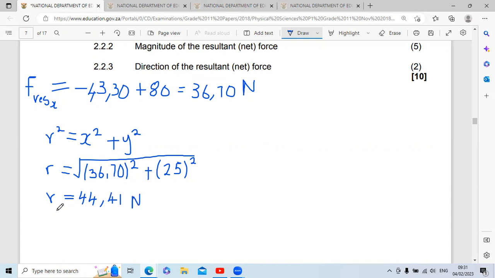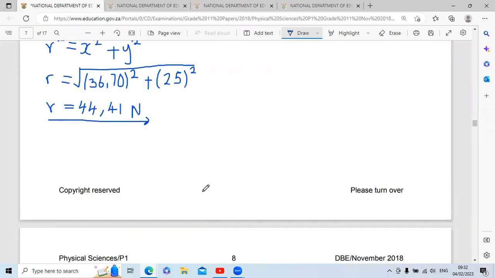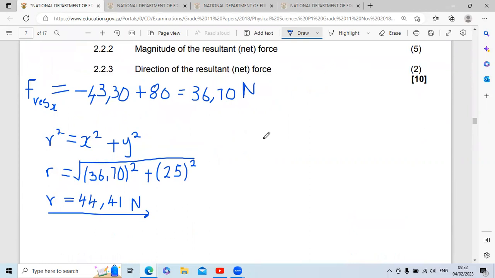So when you guys were calculating, was this the answer you got for 2.2.2? Yes, sir. Okay, so when it comes to finding the direction, I'm pretty sure you guys already know that part.